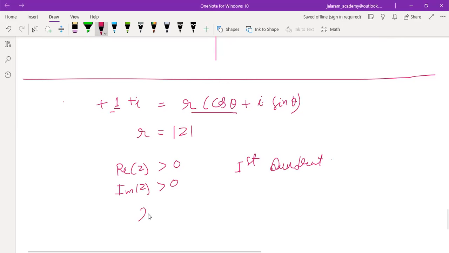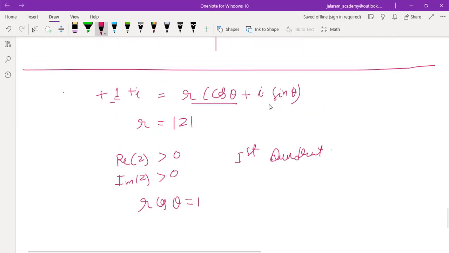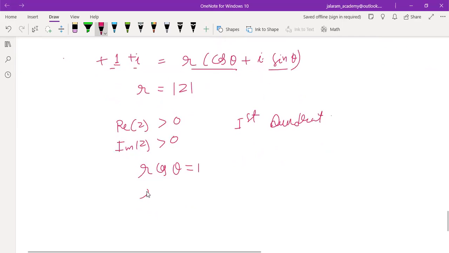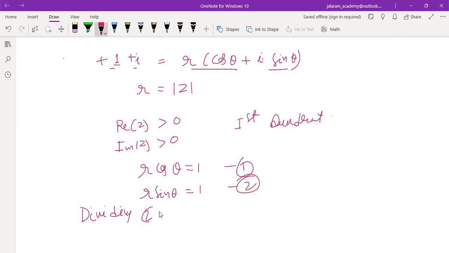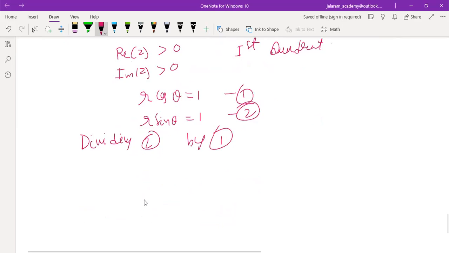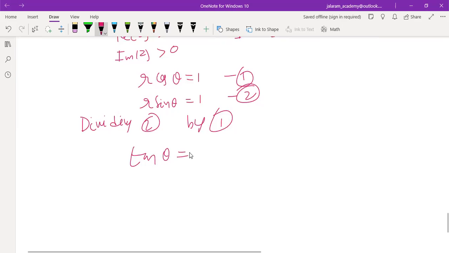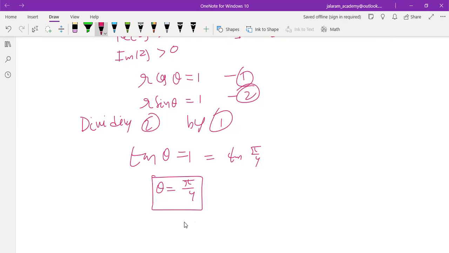r cos theta equals 1. r sin theta is also equal to the coefficient of i, which is 1. This is equation 1, this is equation 2. Dividing 2 by 1, we get tan theta equals 1, that is tan pi by 4. Clearly, theta equals pi by 4, positive as it is in the first quadrant, and r means mod z, remember.